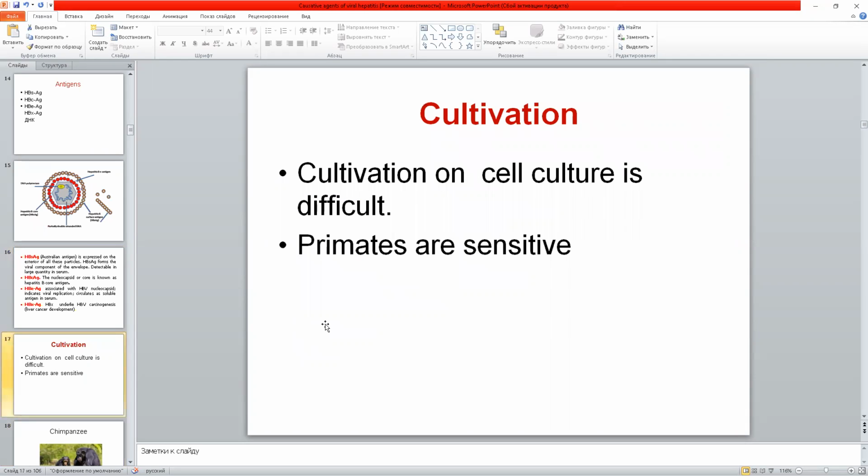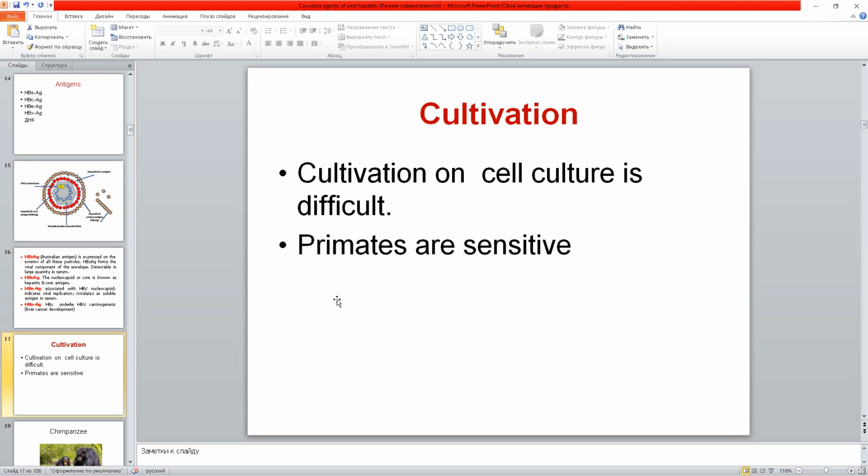Cultivation. It is difficult to cultivate hepatitis viruses, not just this one. It is difficult to cultivate any hepatitis viruses in cell culture because they don't cause cytopathic effect and there is no indication method to conclude that they are reproducing in the cell. So the virological method is not used, cell culture is not used, and they don't reproduce in chick embryo.